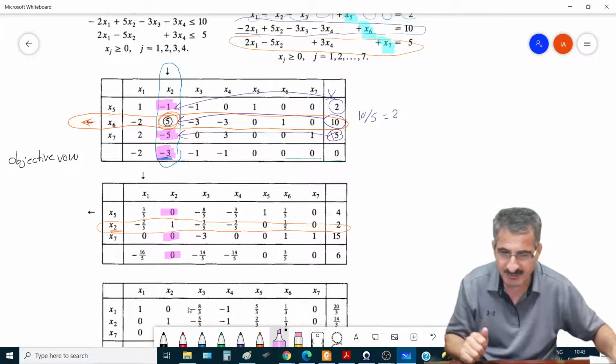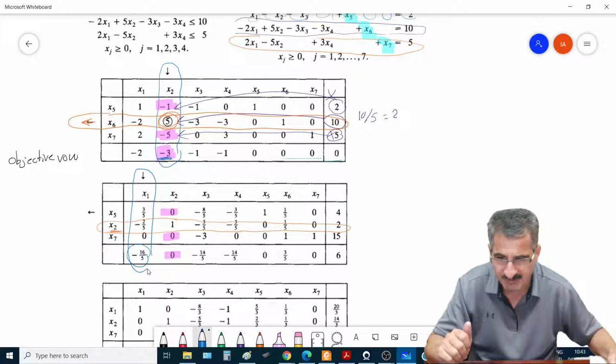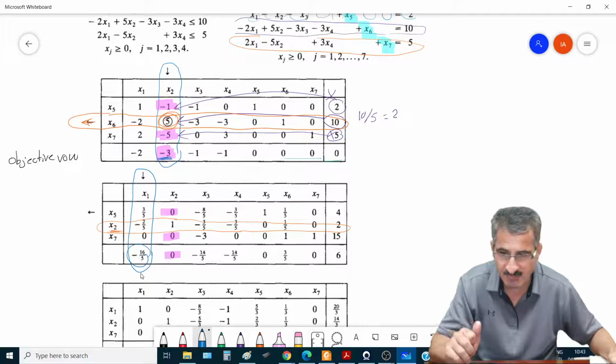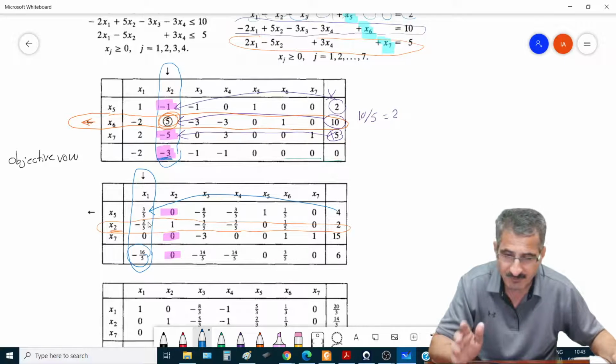Now we will do the same thing for the new table. Which one is the smallest? This one is the smallest, right? So we will take x1 to be the entering variable. What about the departing? We have only one choice, which is 4 over 3 over 5.